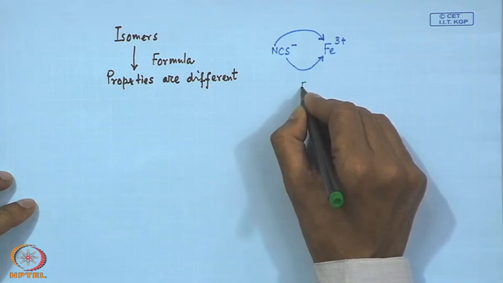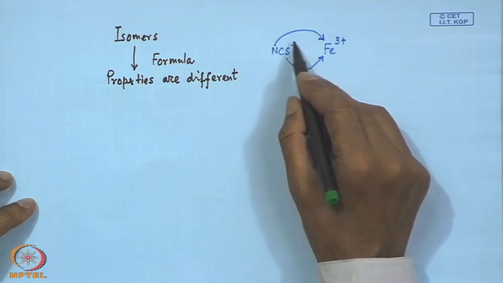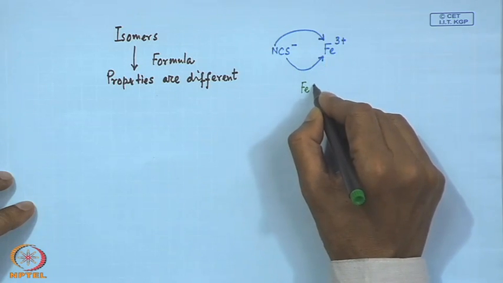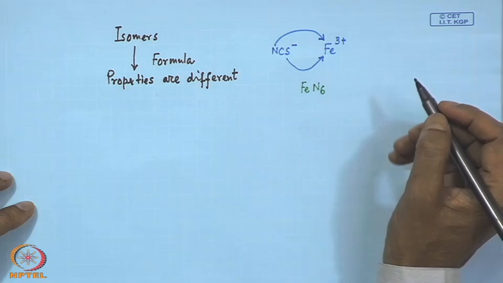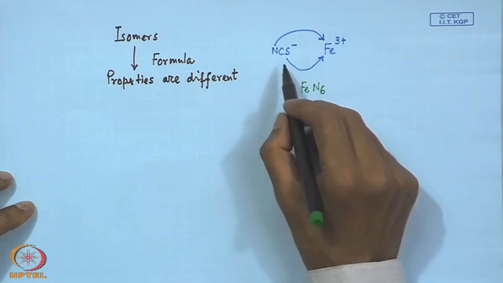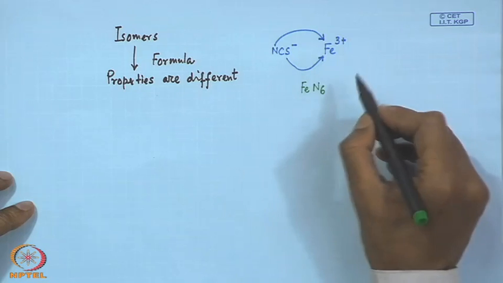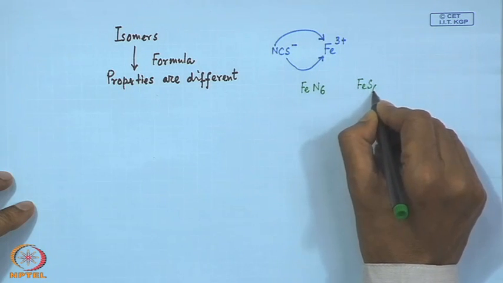If all are bound to the thiocyanate anion, in one case we have a coordination environment of FeN6, where all the thiocyanate groups are bound to iron through nitrogen only, and in another case we can have FeS6.